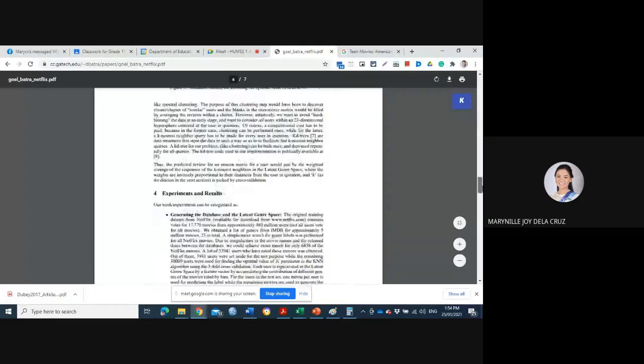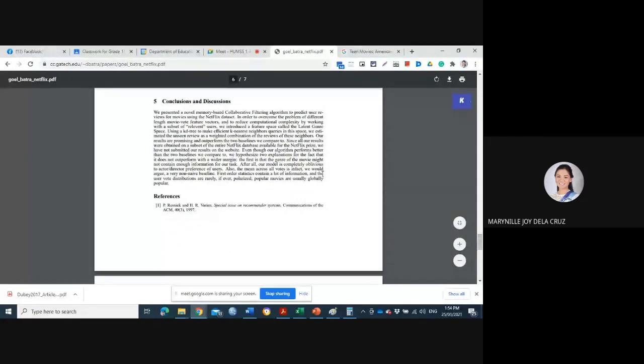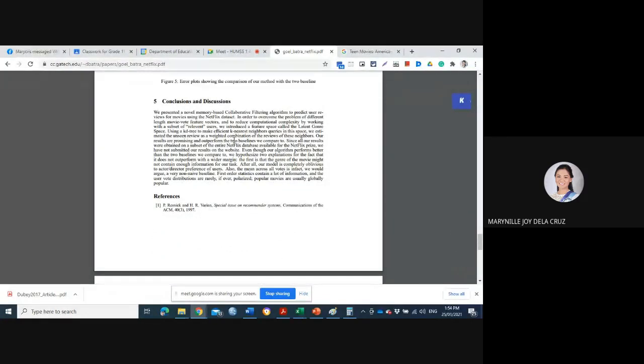You are going to go to the conclusion portion and you will learn here what genre they prefer. In order to overcome the problem of the different length vectors, we reduce the latent genre space using KID3. Since all of the results we obtained are substantial, the entire Netflix database is available for the Netflix prize. We have not submitted our result on the website, even though our algorithm performed better than the baseline.